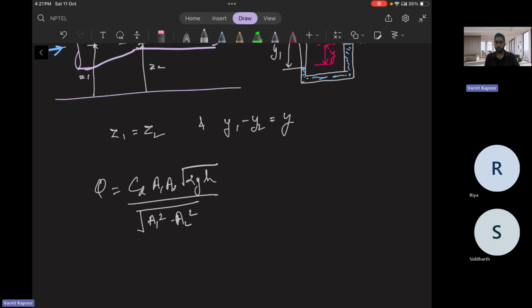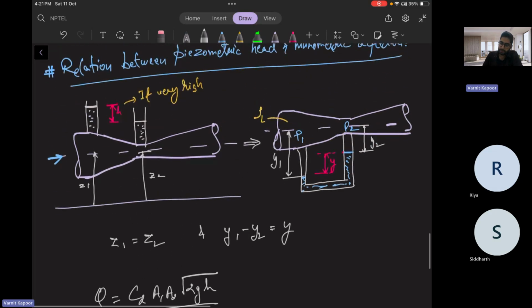Again, we can apply the concept here that pressure is P1 here. So this is your point 1, this is your point 2. So P1 plus rho L g y1, because if you are going down, the pressure increases. Then you jump from here till here because it's the same liquid.